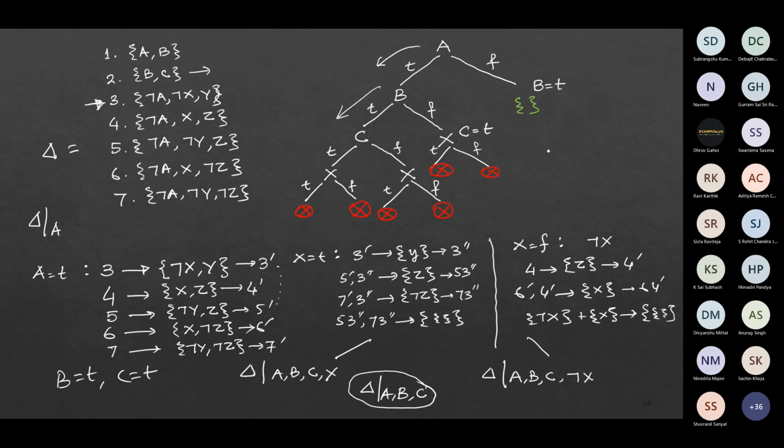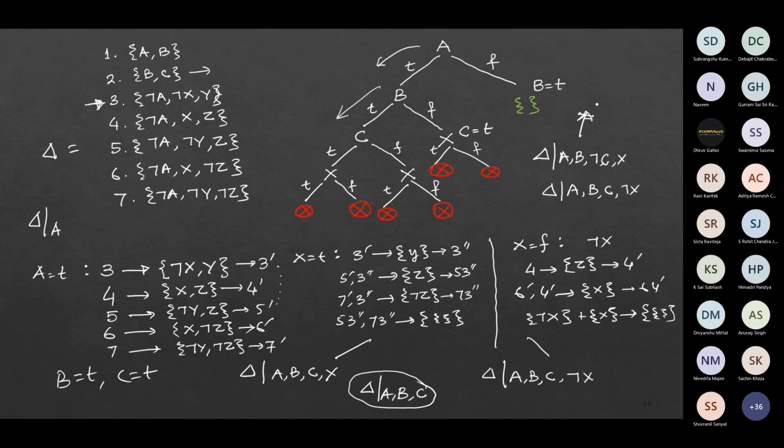Also, if you perform a similar kind of exercise, we'll see that delta A, B, negative C, X and delta A, B, C, negative X will both also lead to a contradiction. So what does that mean?